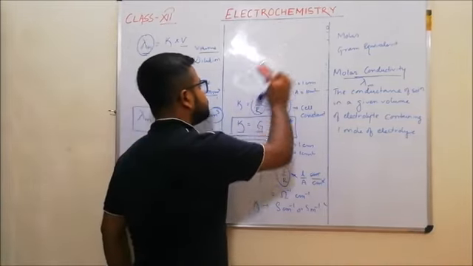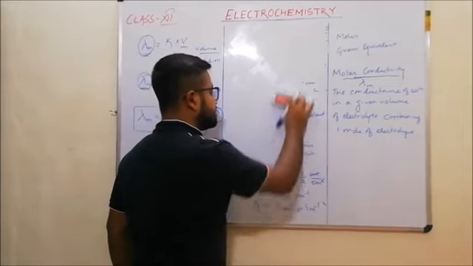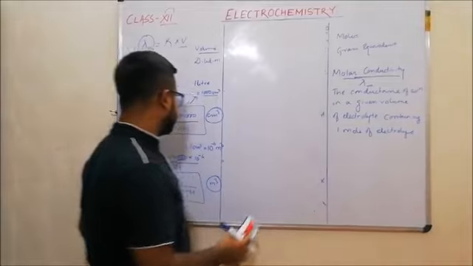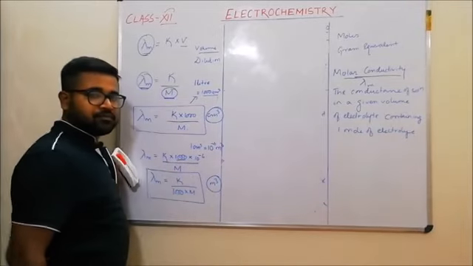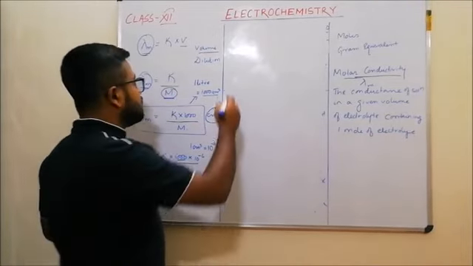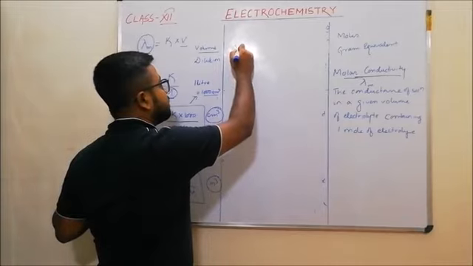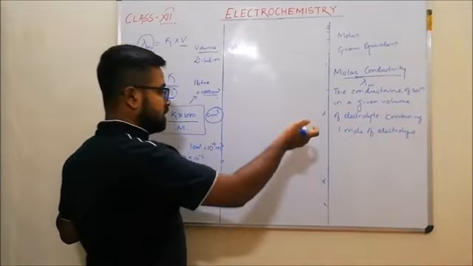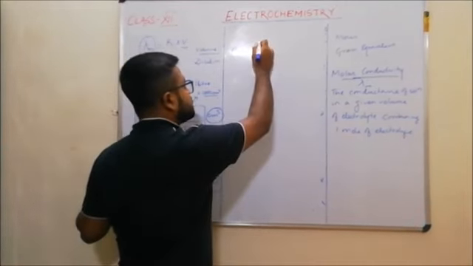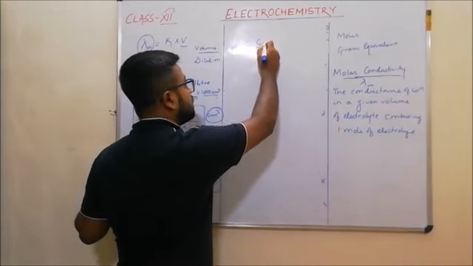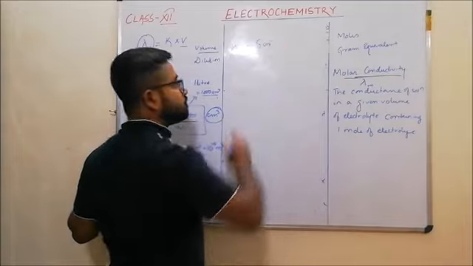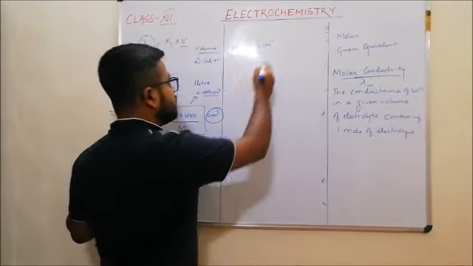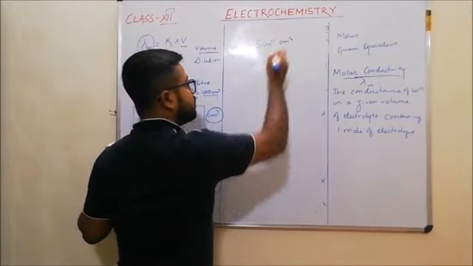Now if we look at the units, lambda m equals kappa. What is the unit of kappa? Kappa unit is Siemens centimeter inverse, into, here 1000 centimeter cube is there, so centimeter cube.